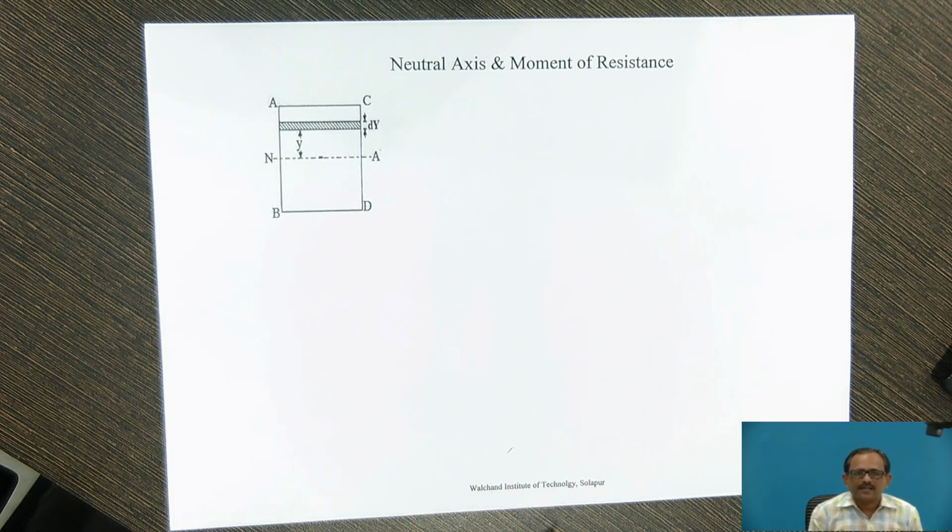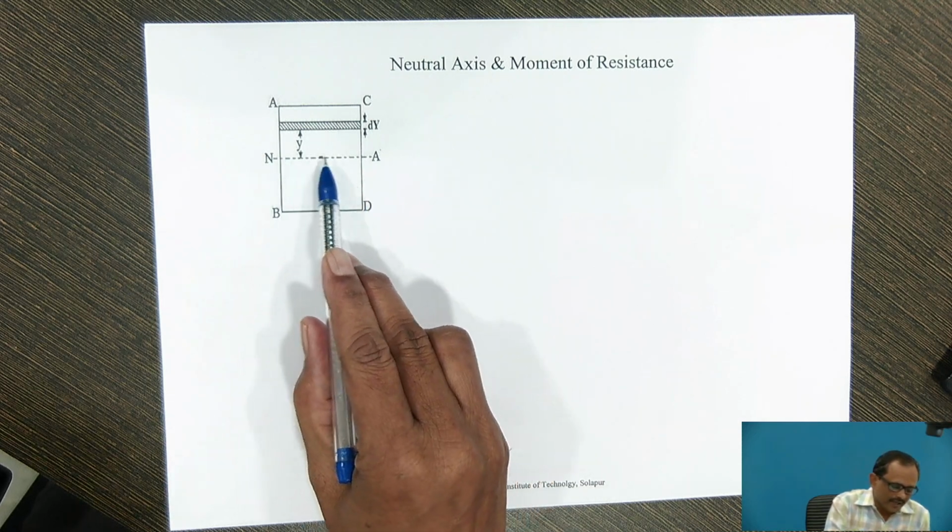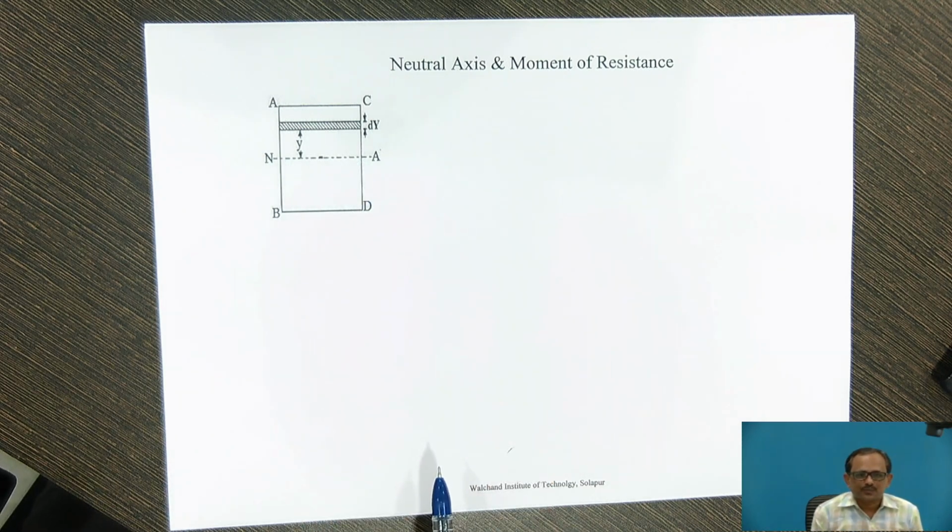That particular layer is known as the neutral layer, and therefore the neutral axis of any transverse cross section is defined as the intersection of the neutral layer with the transverse cross section of the beam. That is called the neutral axis, and it is represented by NA.